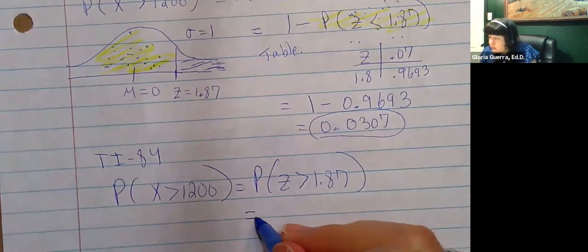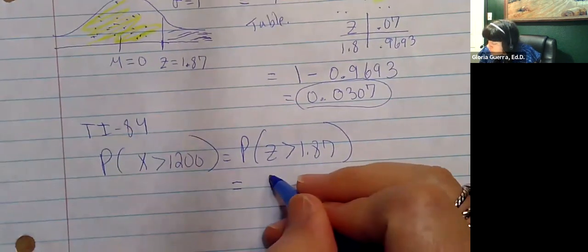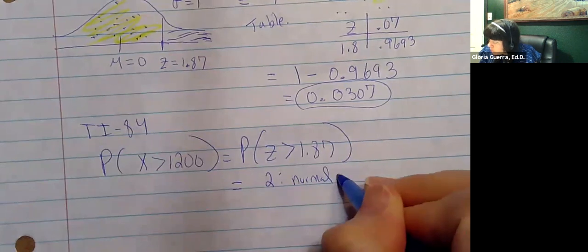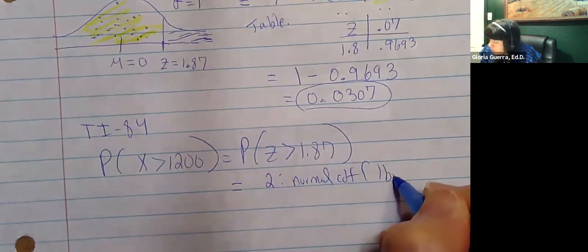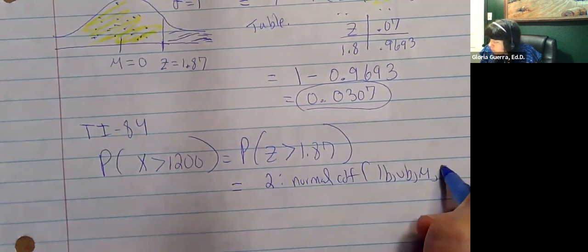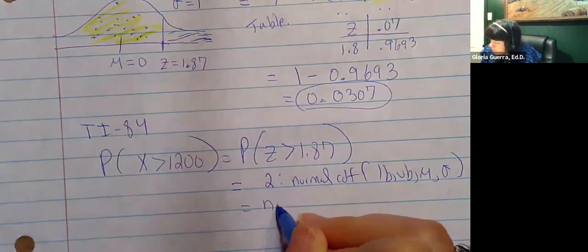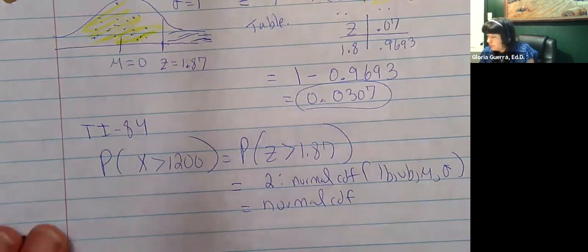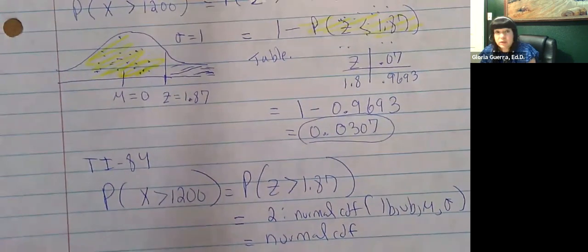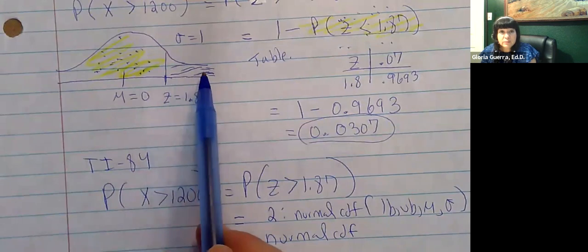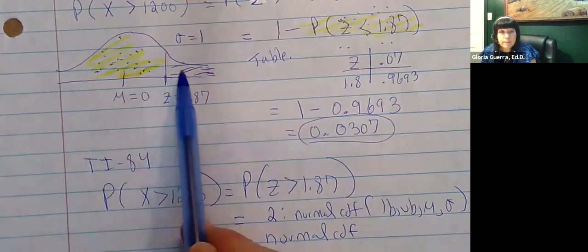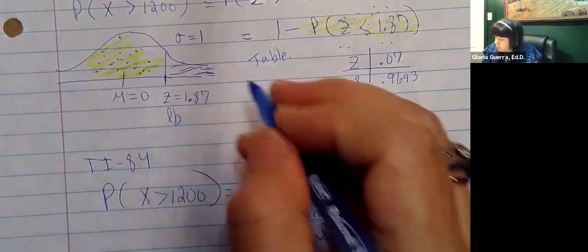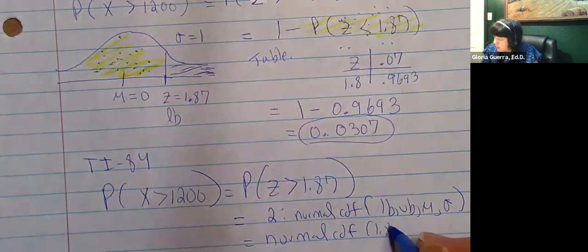Okay. And then we're going to use the calculator on this one, which is going to be 2nd VARS, normalcdf: lower bound, upper bound, mu, and sigma. We read this part left to right here, so this is your lower bound, 1.87.